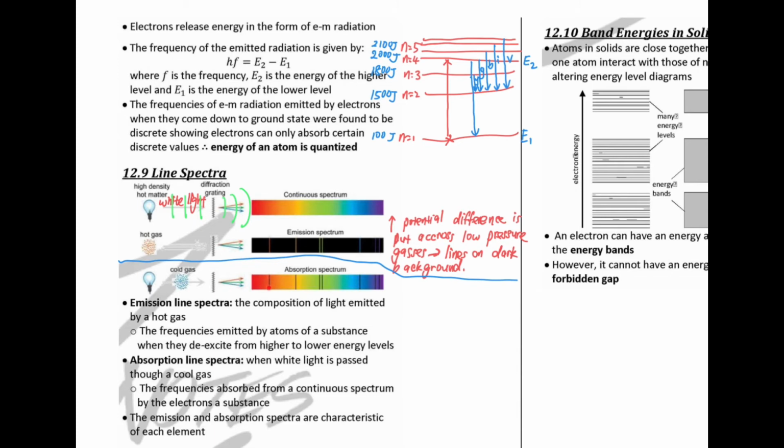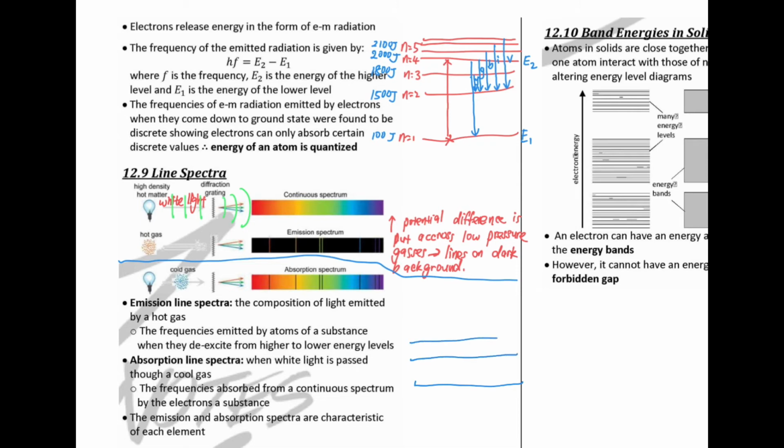For example, to absorb from n equal to 2 to n equal to 3, let's say. Okay, so I put it in this way. I draw a few lines first.